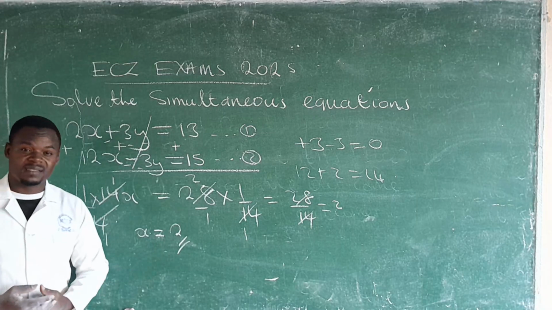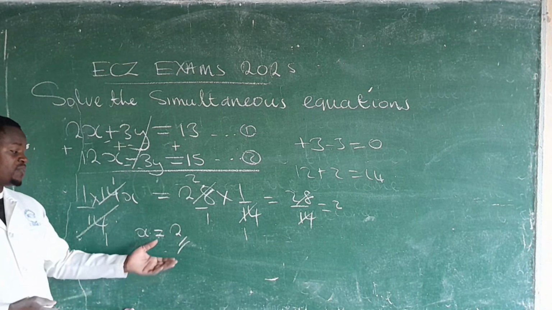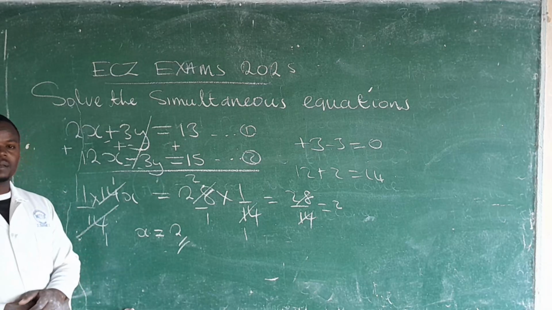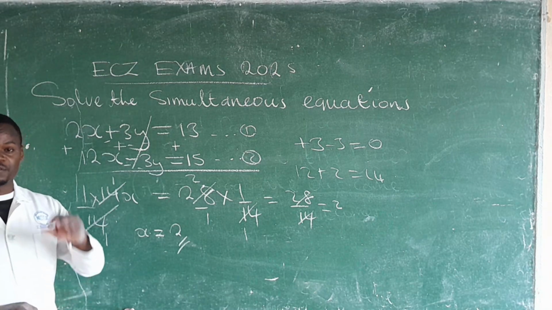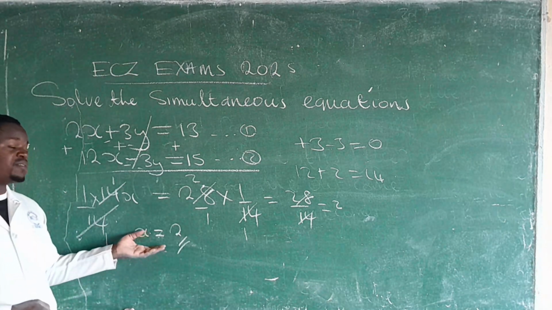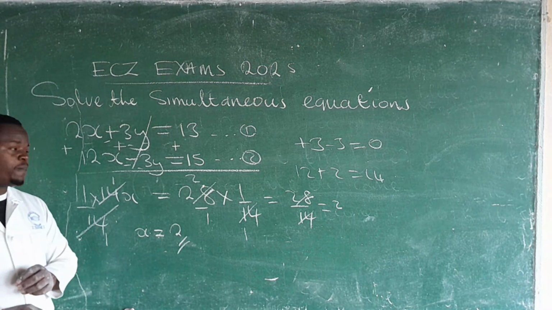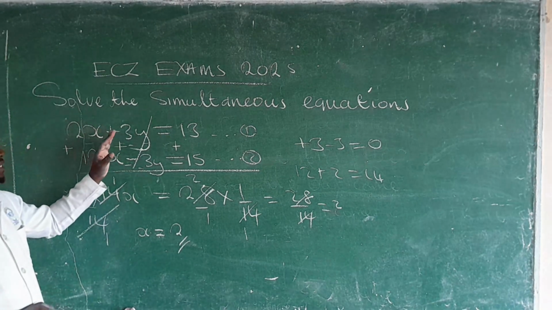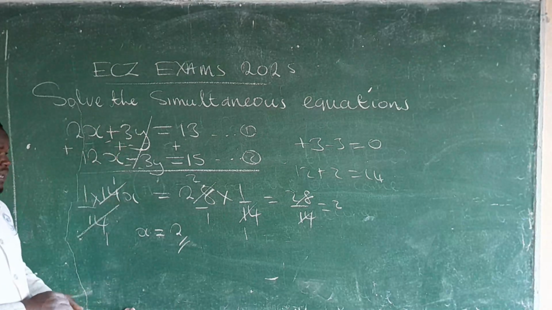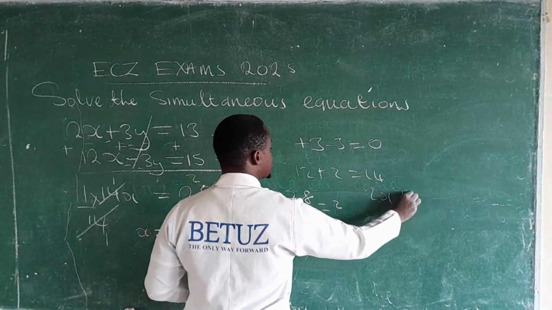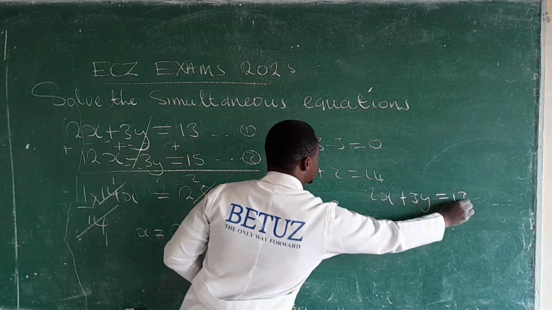In most cases, when learners reach this stage, they end here, forgetting that simultaneous equations have two answers. So we found the value of x, and we need to find the value of y. What do we do? We pick one original equation from the two equations that we were given. I write it here: 2x plus 3y is equal to 13.